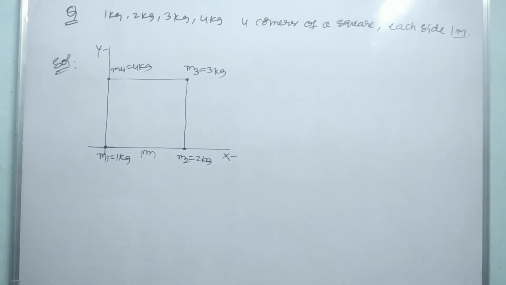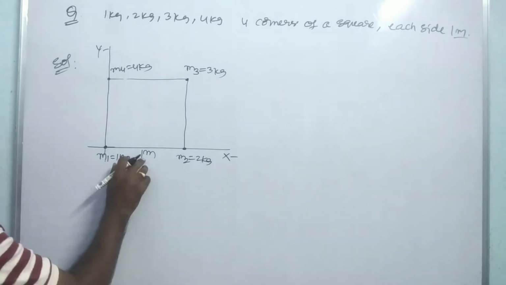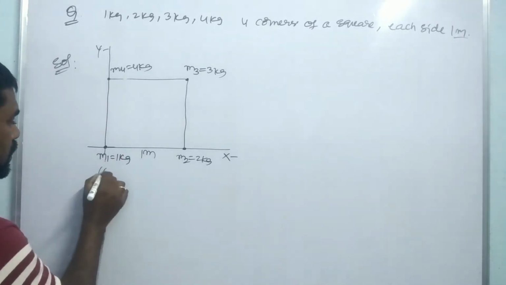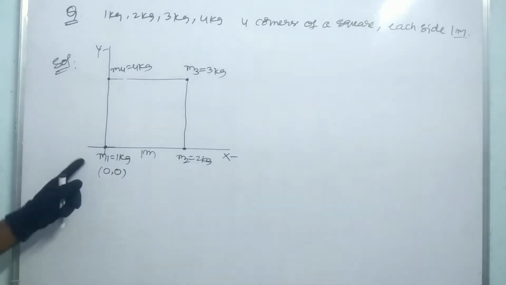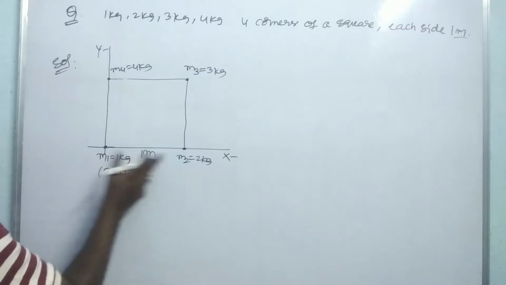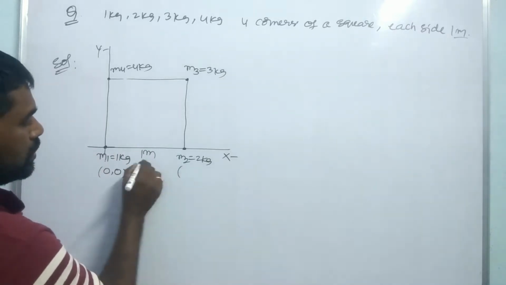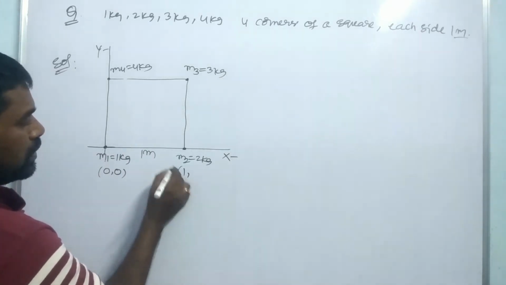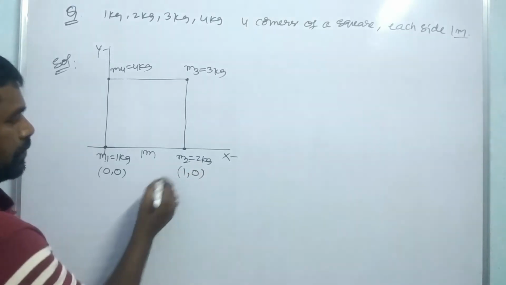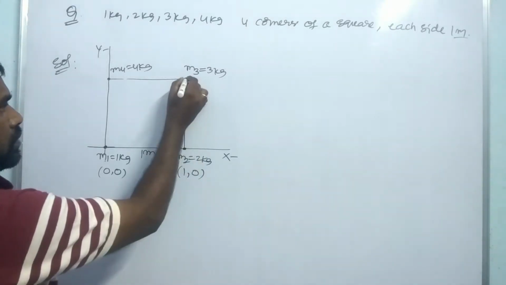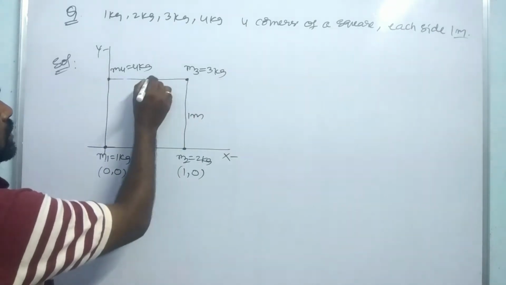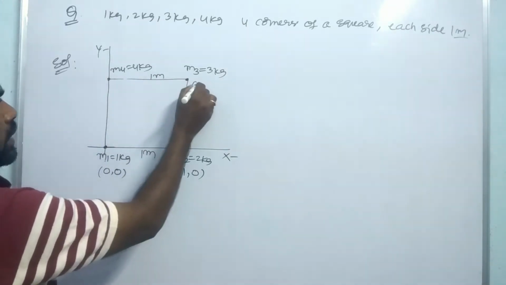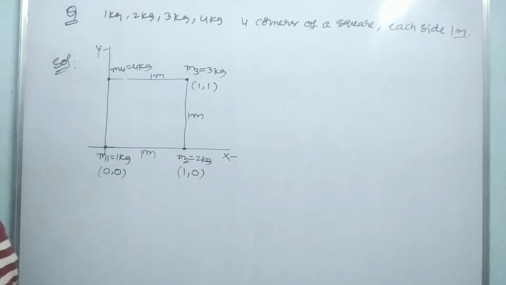Now let us write the coordinates of each mass. This is 0, 0 because it is located at the origin. From 1 meter of distance, the x coordinate is 1 meter and the y coordinate is 0. From this to this point, it is 1 meter, so x comma y is 1 comma 1.